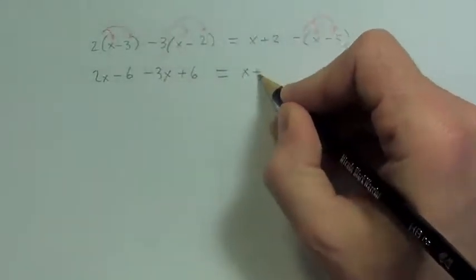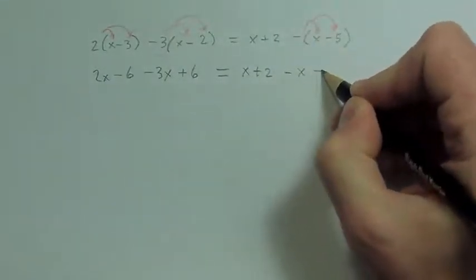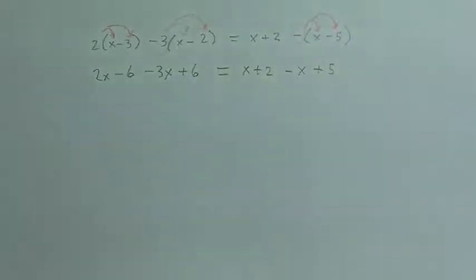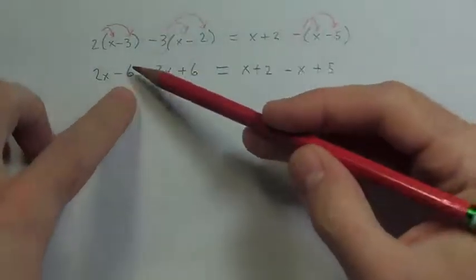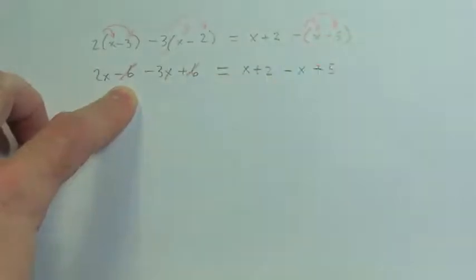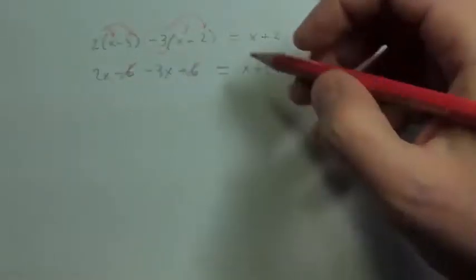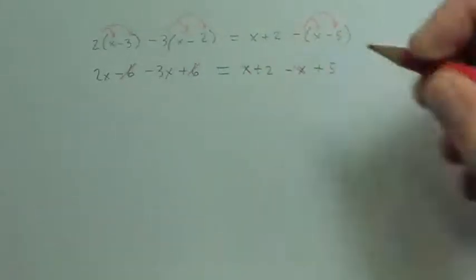That will stay the same, but then when I distribute this minus sign, I'm going to get a negative x plus 5. Alright, we actually have some things canceling. On this side, the negative 6 and the positive 6 cancel. And on this side, the x's cancel.